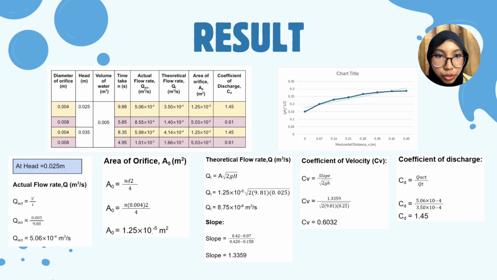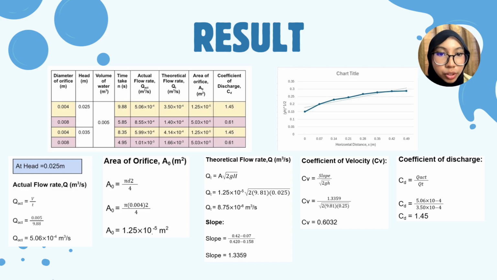So for the slope, we use the graph. And then we find the slope by gradient. So for the gradient, we get 0.42 minus 0.07 over 0.420 minus 0.158. So we get slope equal to 1.3359.